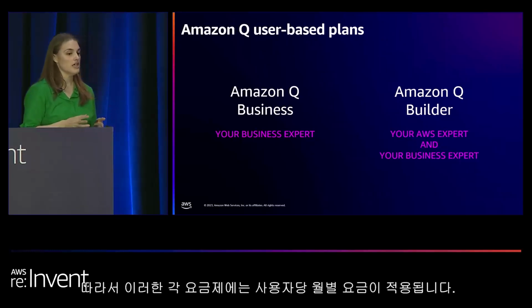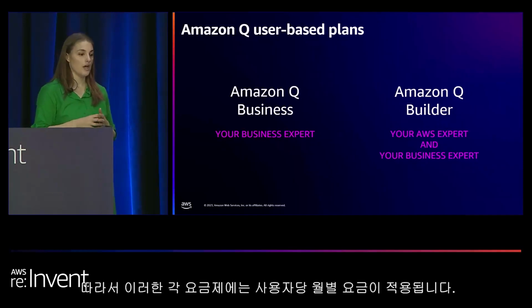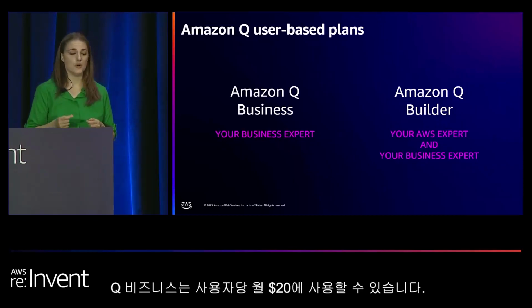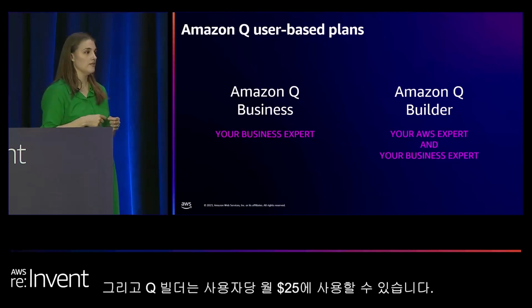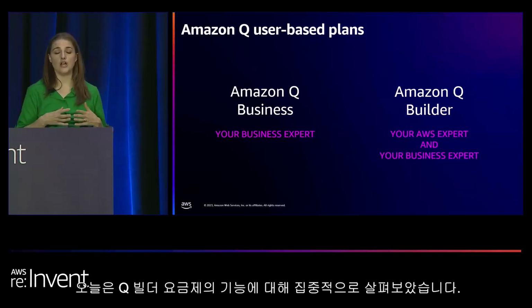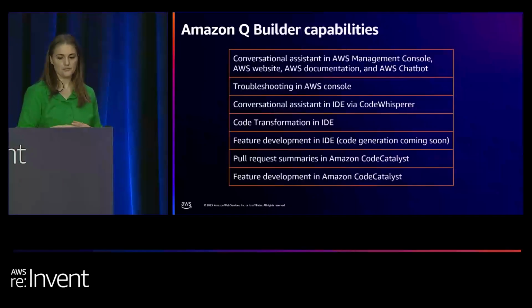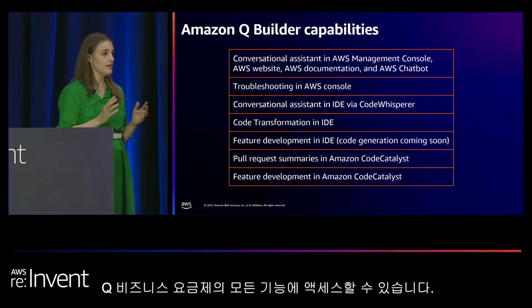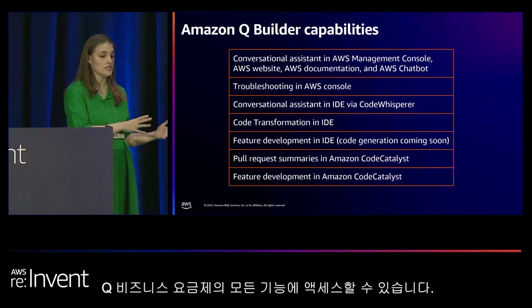So each of these plans have a per user per month pricing. Q Business will be available for $20 per user per month, and Q Builder will be available for $25 per user per month. So today I focused on the capabilities of the Q Builder plan. With the Q Builder plan, you get access to all of the capabilities of the Q Business plan.